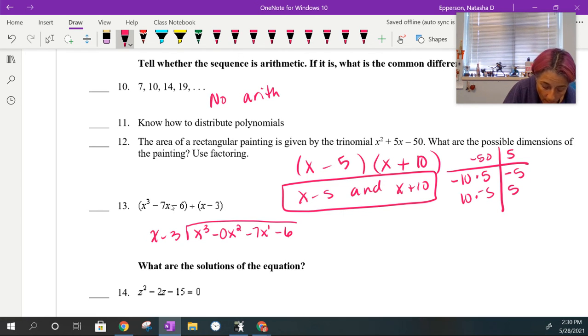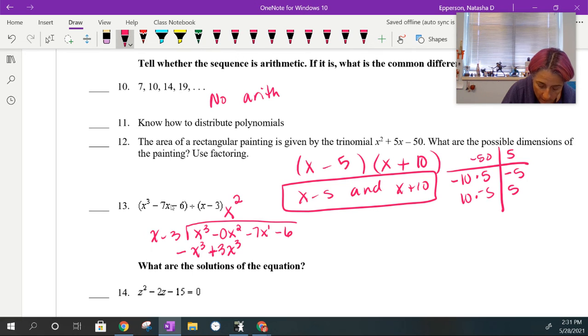Okay, so now remember, I'm going to look at x and x cubed. How many times does x go into x cubed? It's going to go in x squared times. So x squared times x is going to give me x cubed. X squared times negative 3 is going to give me negative 3x squared. Okay, now I'm going to subtract this polynomial from the top polynomial. So all of the signs are going to change. This is negative.